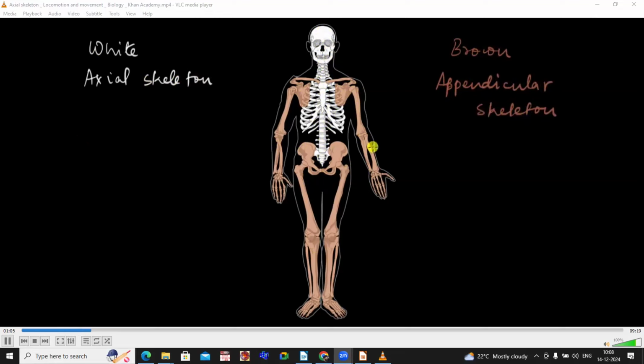Why appendicular? Because our hands and legs are appendages. Appendages are things attached to the main body, and the appendicular skeleton provides support to them, hence the name.